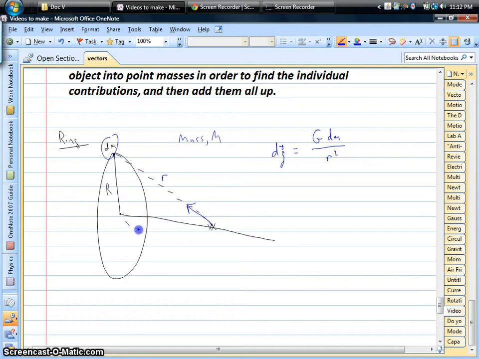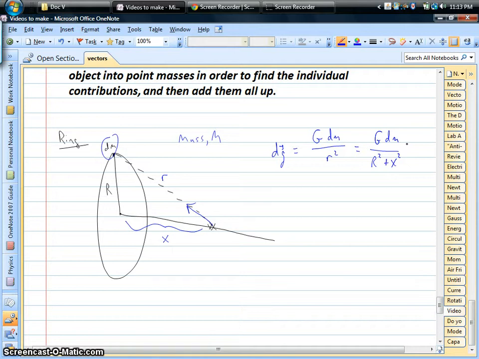Now this point that we're looking at is a fixed distance away, so we could just say it's big G dm all over, let's see now, r squared is going to be the radius of the ring squared plus that distance out on the axis squared. Okay, so that's the field created by that one little point.